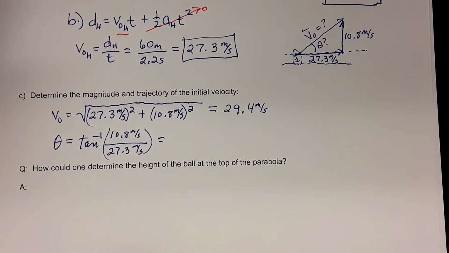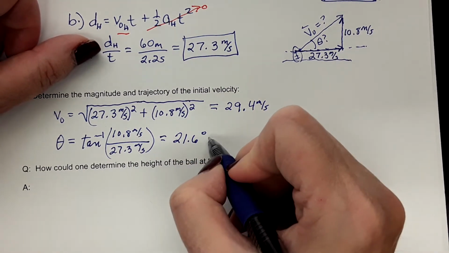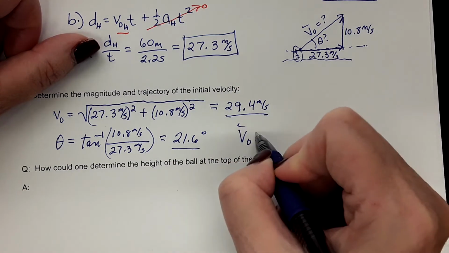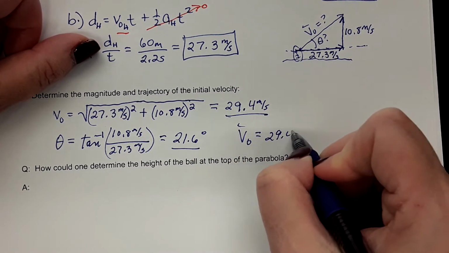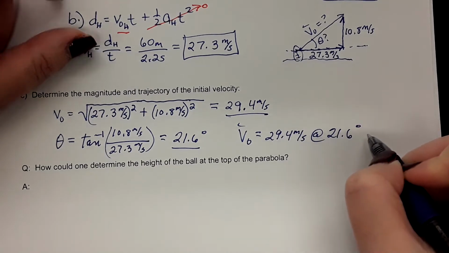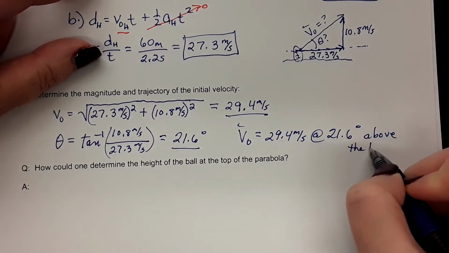So if you're in degree mode and you take the inverse tangent of that ratio, you should get about 21.6 degrees. So now the resultant initial velocity is 29.4 meters per second at 21.6 degrees above the horizontal.